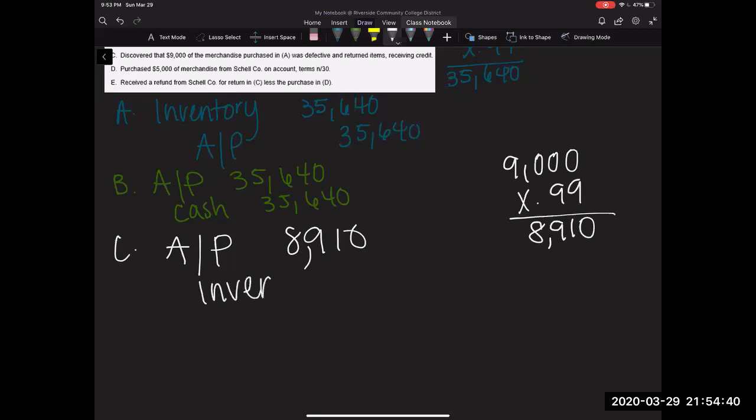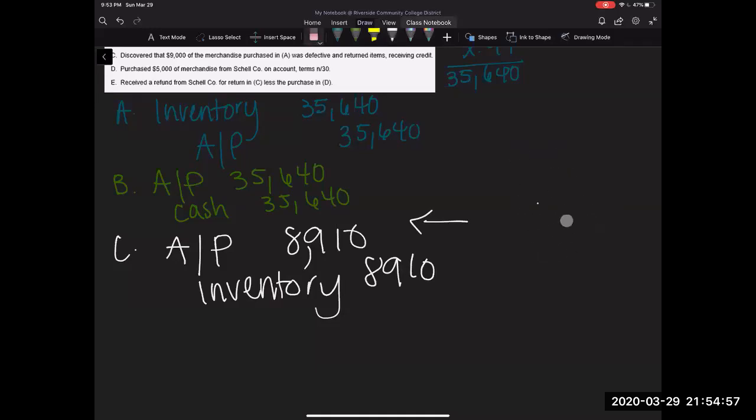We're giving that inventory back, right, of $8,910. Now, at this point, it may be a good idea to do a T account because now you've got stuff going all over the place, but let's just keep in mind that this is currently outstanding, okay? We returned it and all of that good stuff, okay?